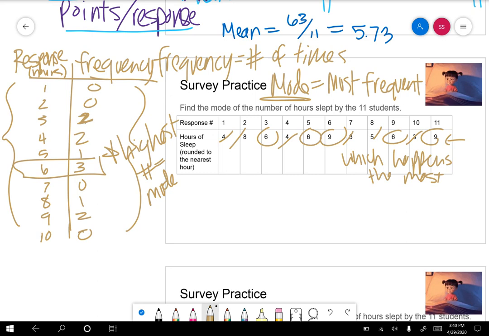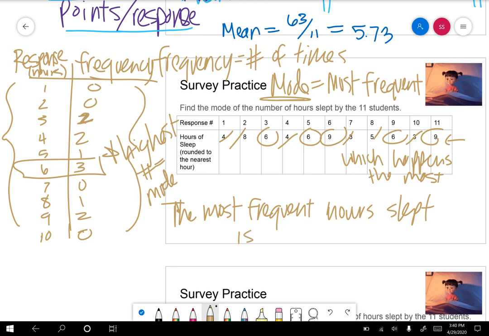So the most frequent or common or often hours slept by these 11 students is 6 hours. Okay, so there's the mode.